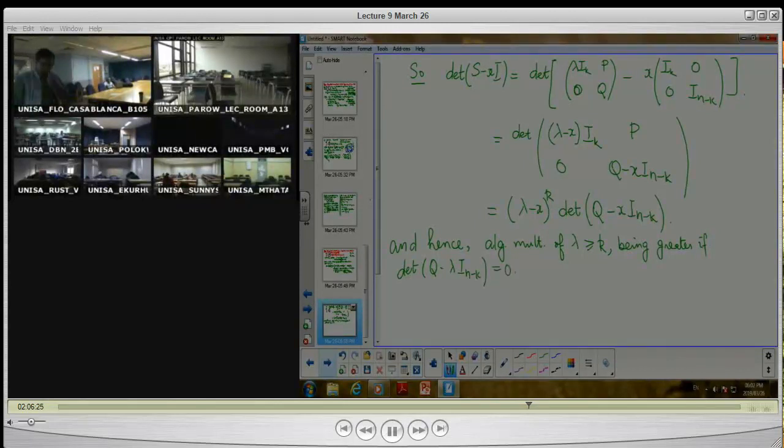So coming back to this, it tells us that if the algebraic multiplicities are all strictly smaller, we cannot have in any way a full representation.